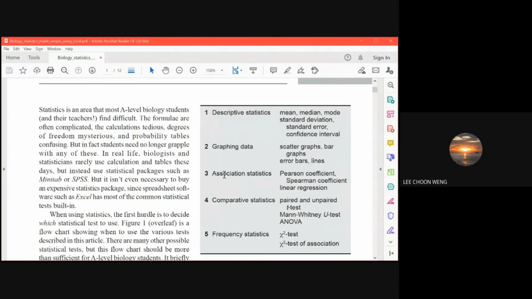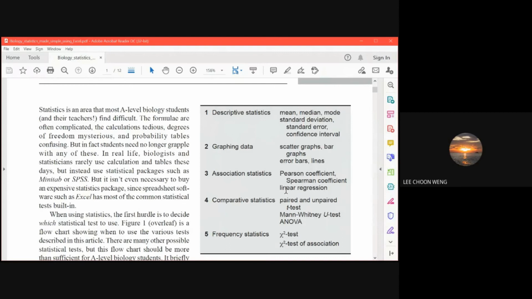Association statistics is when you want to see the relationship among your data, like what we are looking at, correlation. So we do correlation, either Pearson for parametric or Spearman for non-parametric.